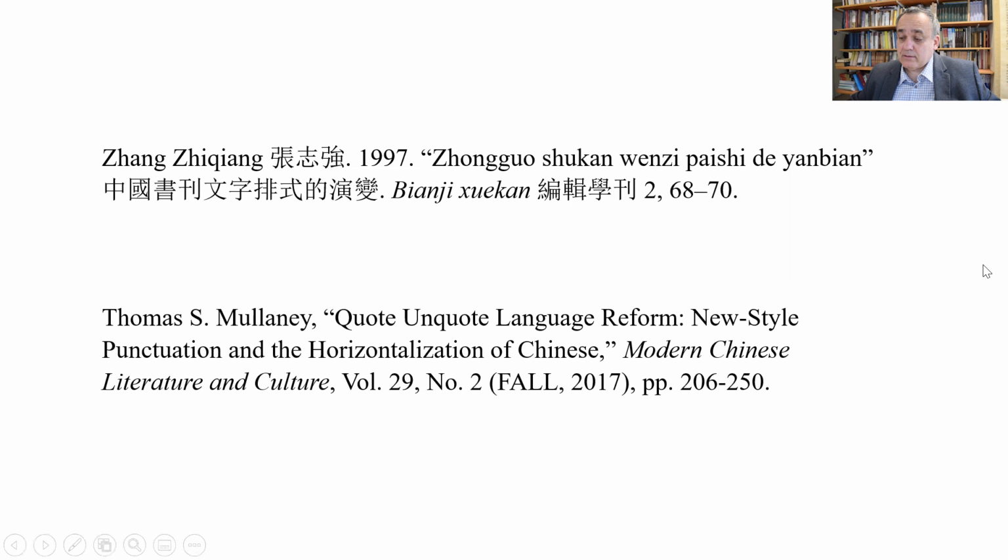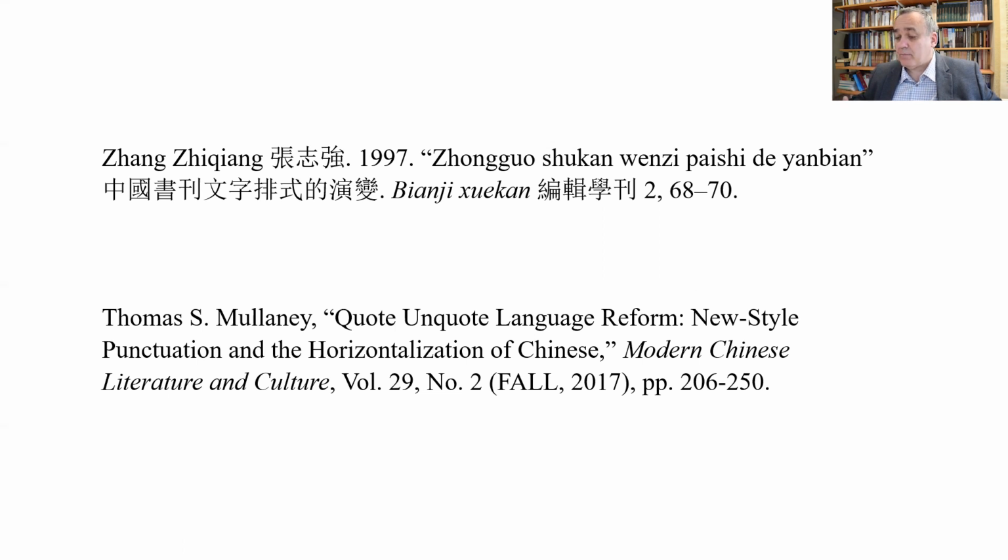One of the studies that focuses on this is an article by Zhang Zhiqiang. As you can see, it's only three pages long, so it's a very short analysis. Then we also have Tom Mullaney's article that came out recently. There he looks at this whole phenomenon, which he calls the horizontalization of Chinese, together with new style punctuation. It's very interesting.